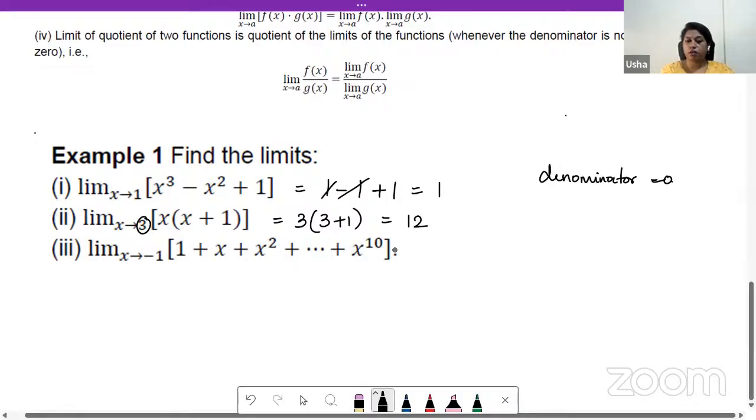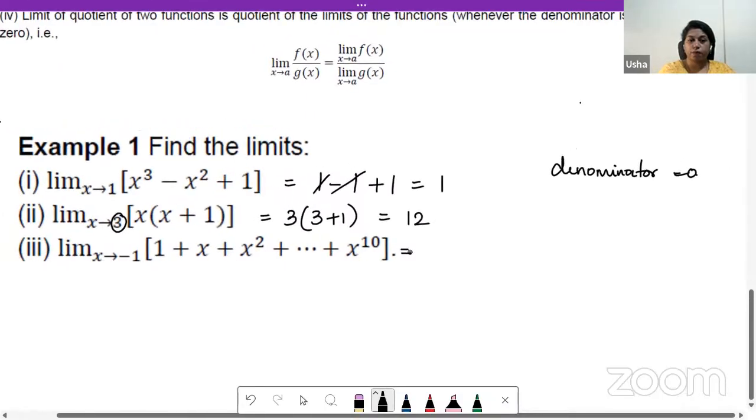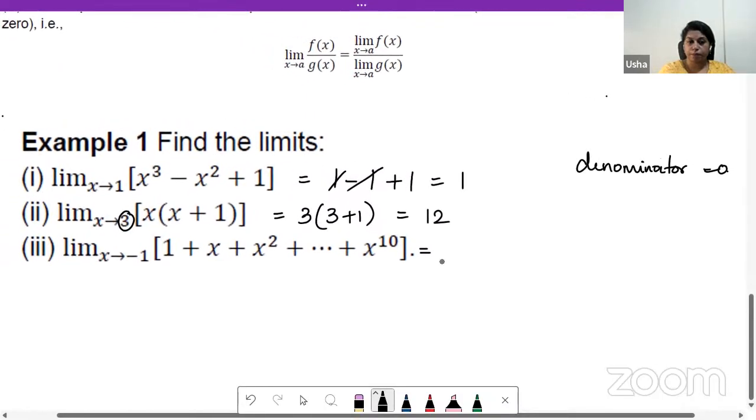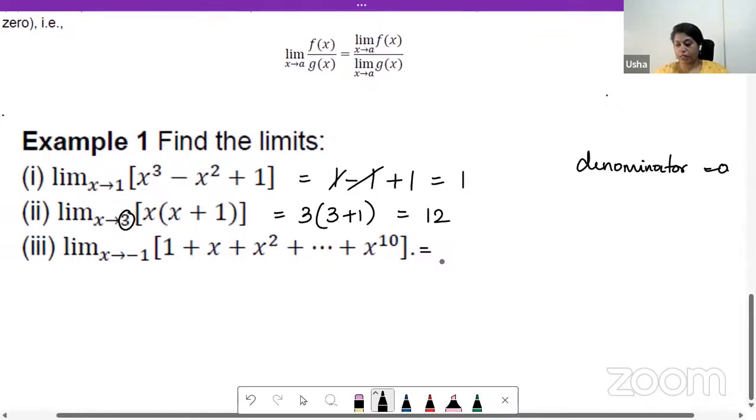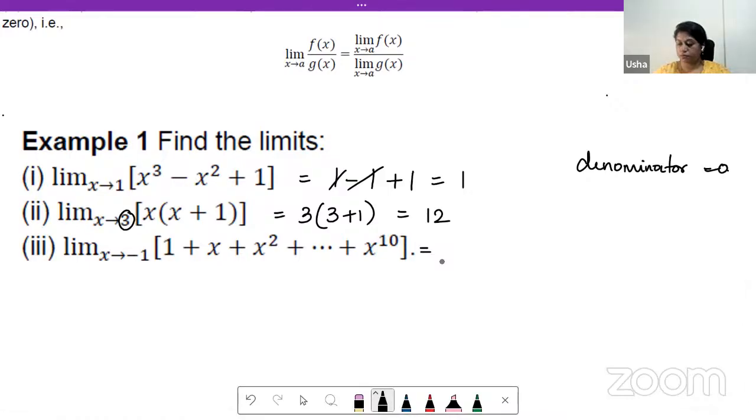Now, can you solve the third question? I will give you 1 minute. Solve it, then I will solve. x is tending to minus 1. Look at the numbers that you have.